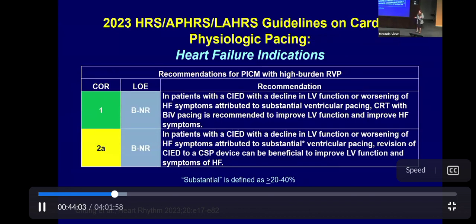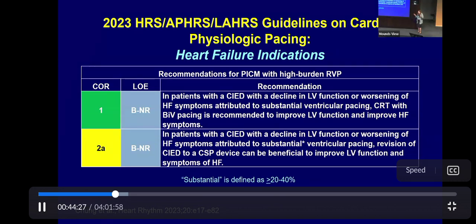It's a multinational document with APHRS and LAHRS, looking at patients who have a high degree of RV pacing. It's still a class 1 indication for CRT using BiV pacing, because we have tons of data to support that, but it also allows other options. And substantial is now not just 40% as defined in prior guidelines, it's 20 to 40%.